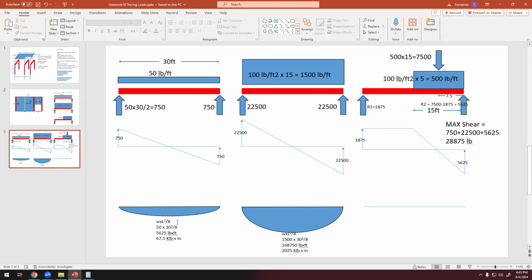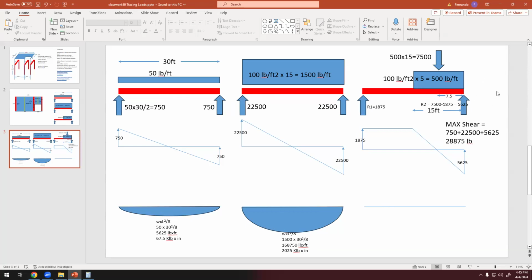Okay, so you shouldn't have any trouble calculating these two bending moments, because for a uniformly distributed load in a symmetrical beam, it's always this value. So now we have to calculate this.